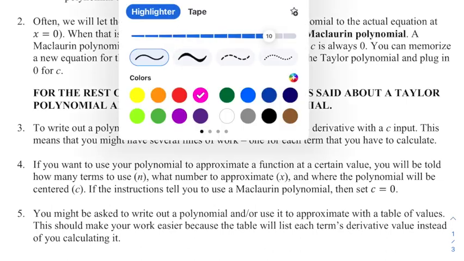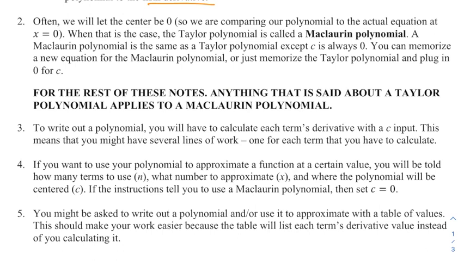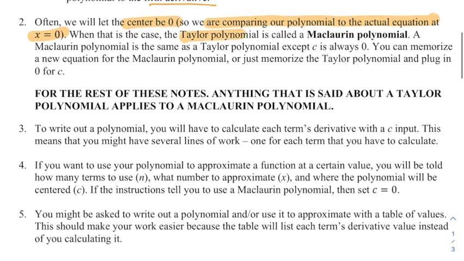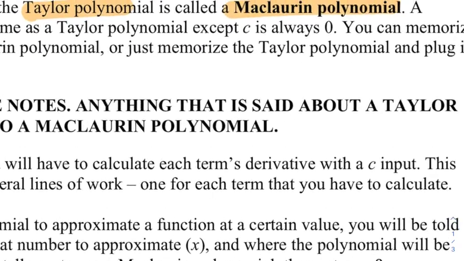First of all, a lot of times, we'll let the center be 0. So x equals 0, so the y-axis. So we're comparing our polynomial to the actual equation at x equals 0, and we'll call that c is 0. When this is the case, the Taylor polynomial is called a Maclaurin polynomial.